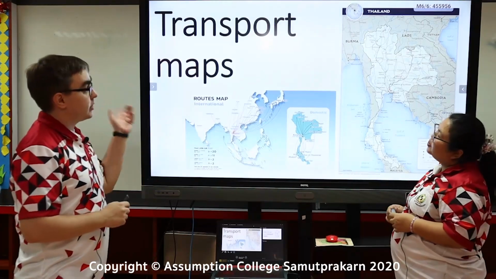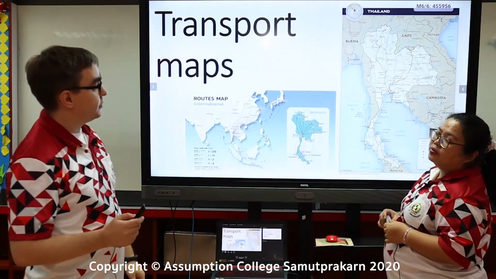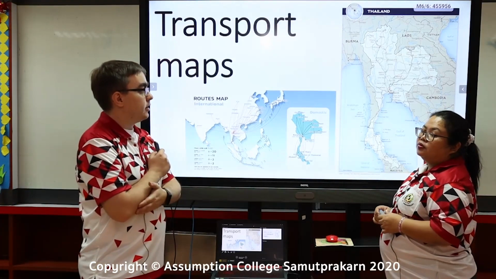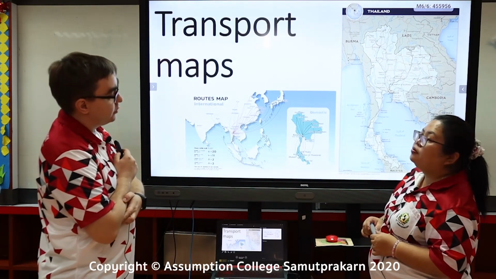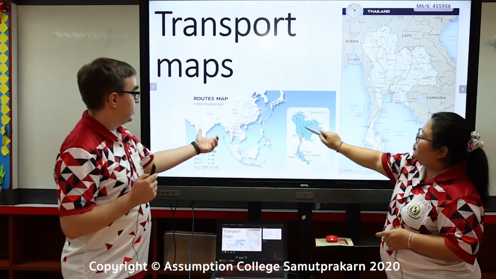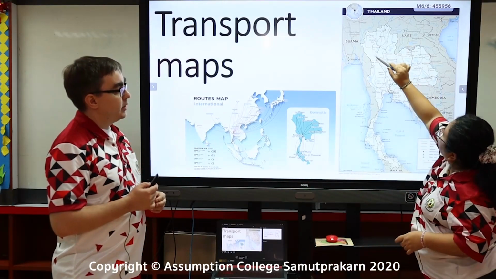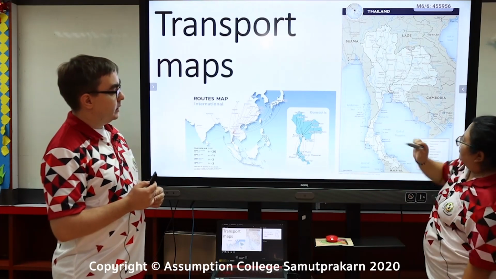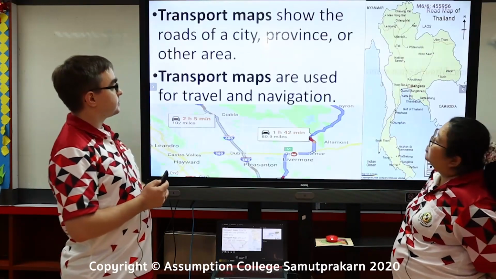Okay, now let's talk about transport maps. As you can see, transport maps look different from other maps in terms of colors and the information given on the map. You can see roads, for example, or flight routes, and so on. Now, why do we need these kinds of maps?